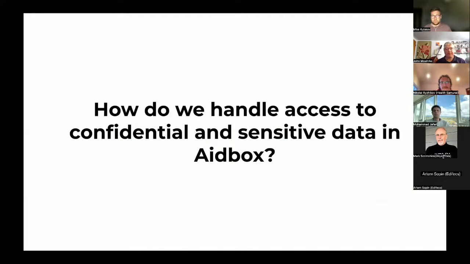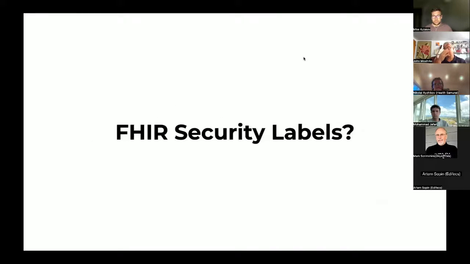Our customers reached out to us with the question of whether we can handle cases with confidential and sensitive data in 8box more easily. And from our side, the answer was definitely, why not use FHIR security labels to do this? Because it looks like they were built for this.